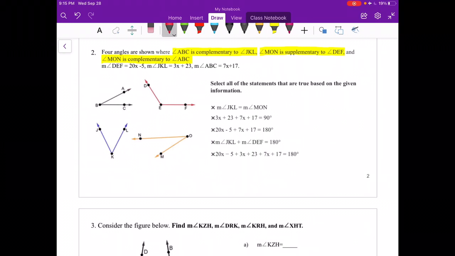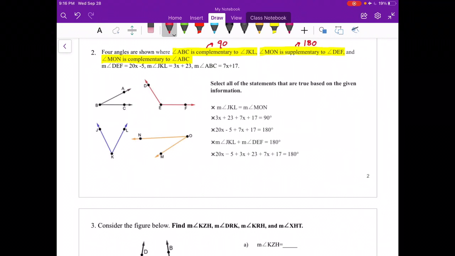To be successful with this question, we have to know what the words complementary and supplementary mean. Now, we learned that complementary angles are two angles that add up to 90 degrees, and supplementary angles are two angles that add up to 180 degrees.